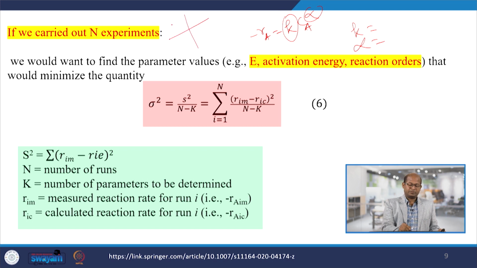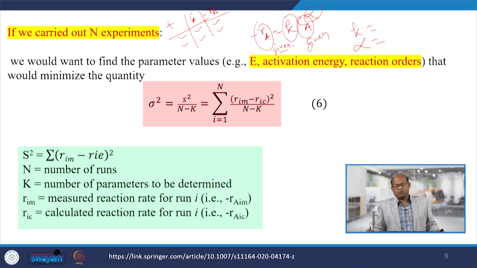Here from the experiment these data points are given, means concentrations and rate data are given, these data and this data are given, or evaluated. So, only these two are unknown.